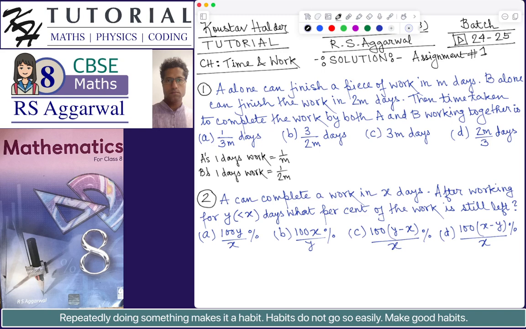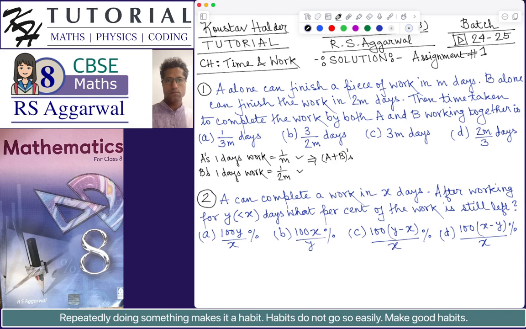Now, using these two facts, we can say that A plus B's one day's work, which means the amount of work that will be done in one day if A and B both work together. So A plus B means A and B are working together.